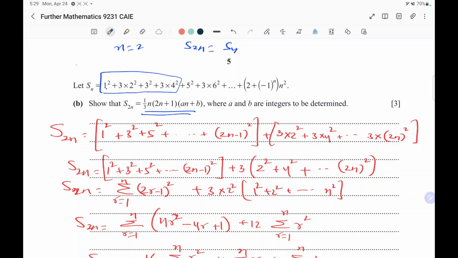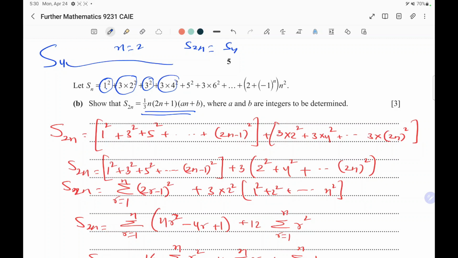If it is S4, then last is 4 square, then you are getting 1 square, 2 square, 3 square, and 4 square, but it is in a different way. How? Let us understand again. 1 square alone, 3 square alone, but 3 times 2 square and 3 times 4 square.